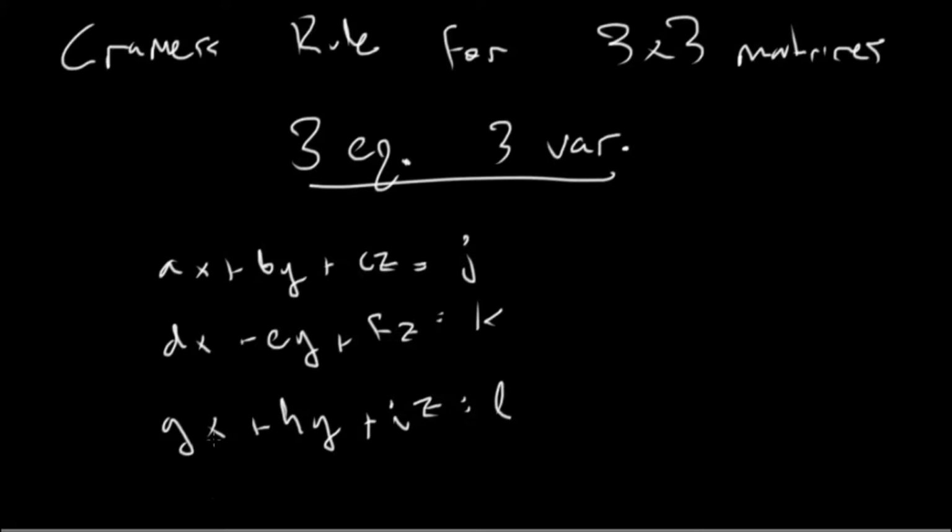So if we use Cramer's rule, it's going to be the determinant of, so we have this coefficient matrix A, B, C, D, E, F, G, H, I, and for x, we're going to replace the x column with J, K, L. So we're going to have J, K, L, and then B, C, E, F, H, I. That's the numerator.